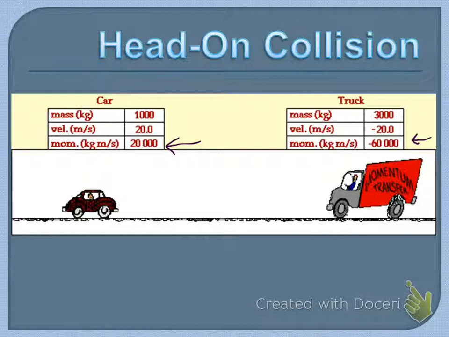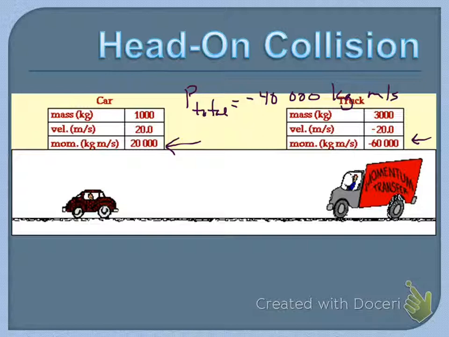So the total momentum would be the 20,000 plus negative 60,000, or a total momentum between these two things of negative 40,000 kilograms times meters per second. And that means that after they collide, the total still needs to be negative 40,000 kilograms times meters per second.